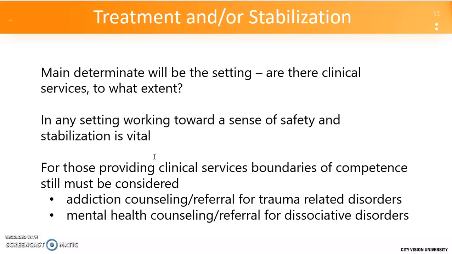So, in those settings, what might happen is the person may receive formal counseling for their addiction at the facility. There would likely be some case management as part of that as well. And then, if there is another diagnosable condition, so for example, a trauma related disorder, then the treatment for that may be done by referral.